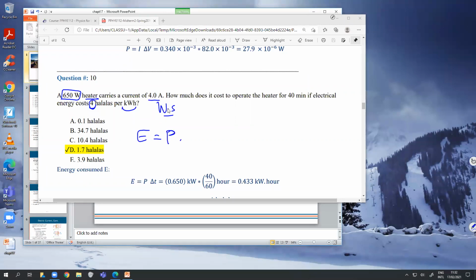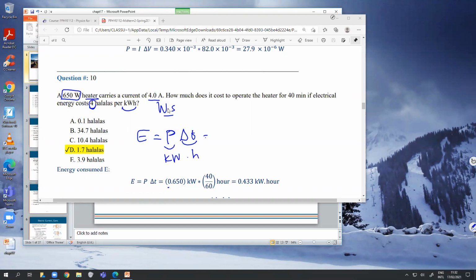Now we have a way to get the energy. Energy is the power multiplied by the time, right? The power is given. So let's get the energy in kilowatt hour, because the cost is given in kilowatt hour. In order to get the energy in kilowatt hour, I'm going to substitute the power in kilowatt and the time in hour.